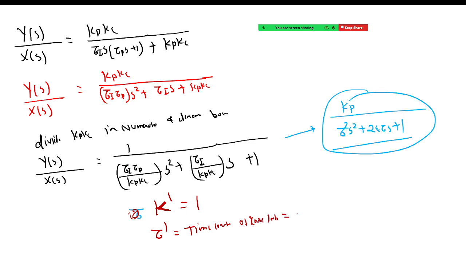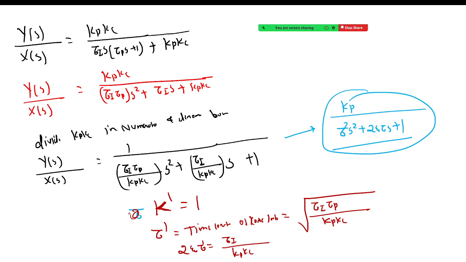So tau dash square will be equal to tau I tau p divided by Kp Kc, so tau dash is the root over that. And 2 zeta tau dash is equal to tau I upon Kp Kc.